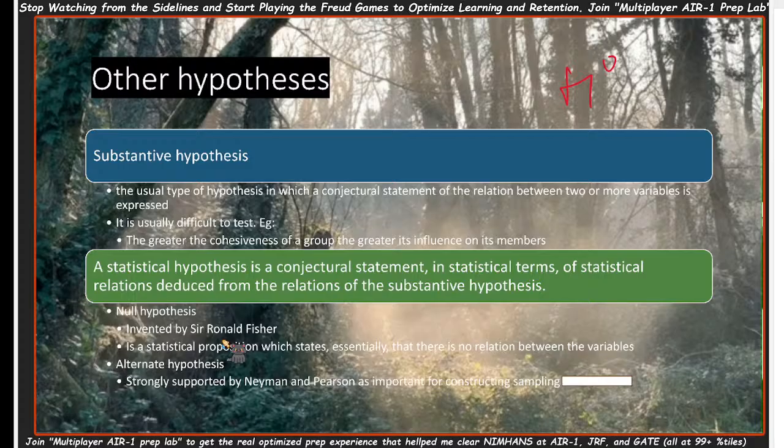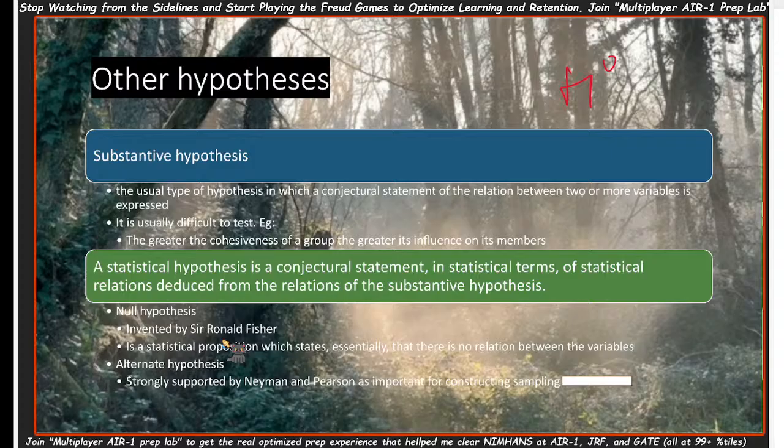Earlier, people had alternate hypotheses and directional hypotheses and used to test them. Ronald Fisher said, if I can disprove something, that means the alternative is true. For example, if I could not find any relationship, I cannot say that the relationship does not exist at all. But if I disprove the fact that I could not find any relationships, that means there is a relationship. So that is why it is better to go with the null hypothesis and test it.